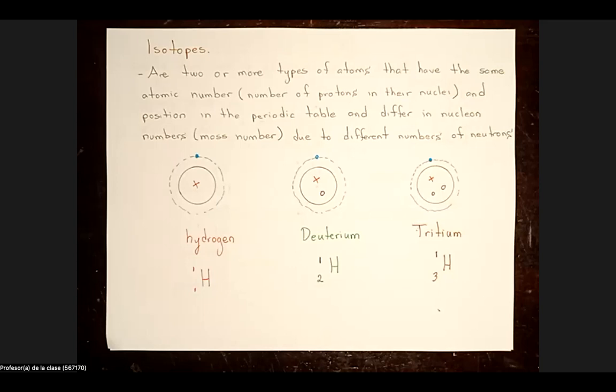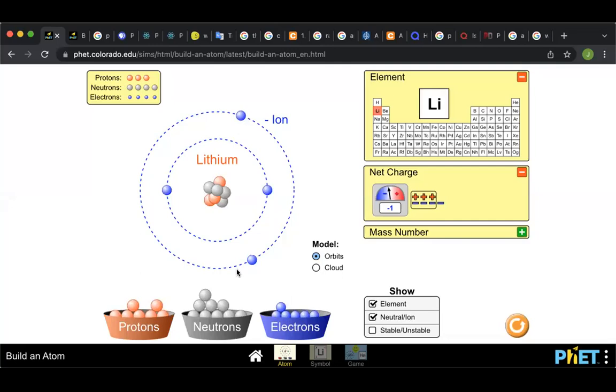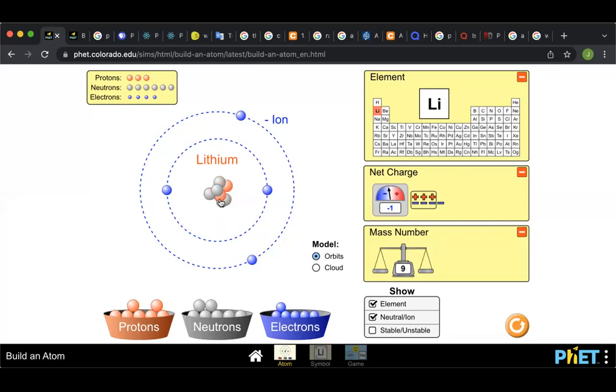Okay, so to finish, I will finish with the animation here, the application. So for example, lithium. If I aggregate another neutron, nothing happens. If I aggregate another neutron, yeah, also there is an isotope there that is stable.